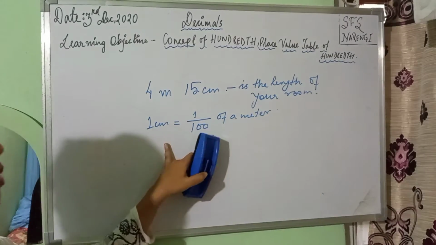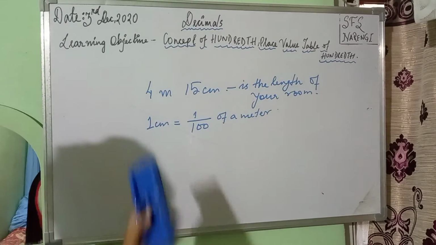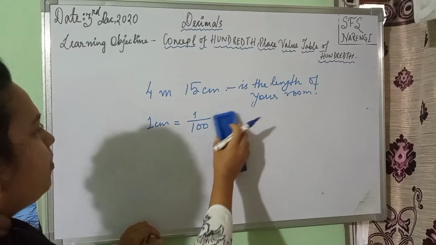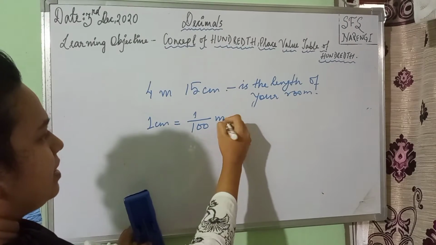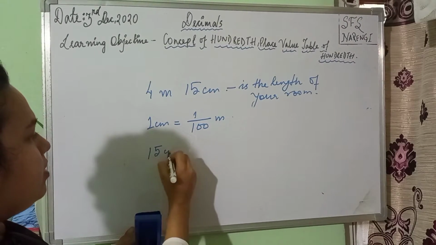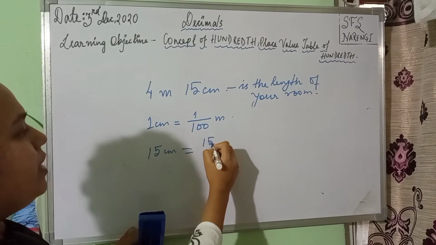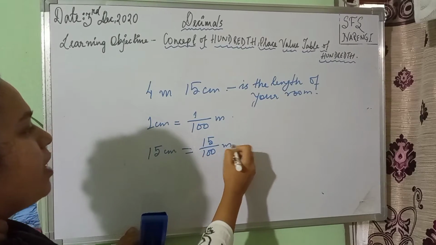Because centimeter is smaller, meter is larger. So 1 centimeter is 1/100th of a meter. So 15 centimeter will be equal to 15 by 100 meter, right?